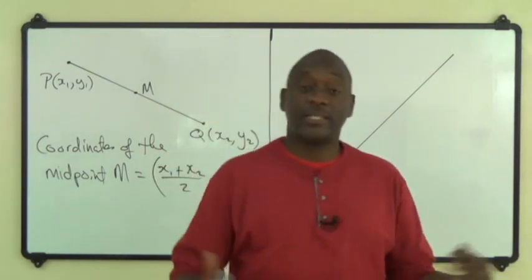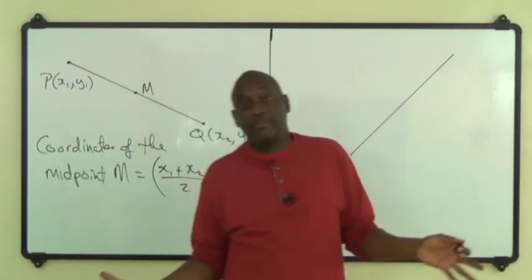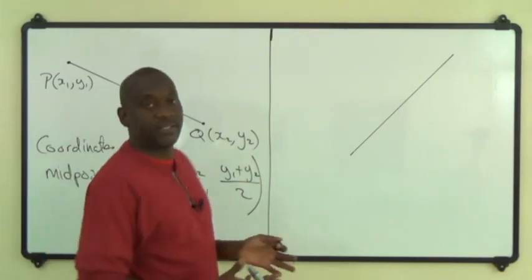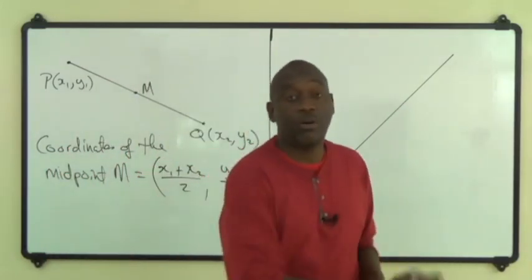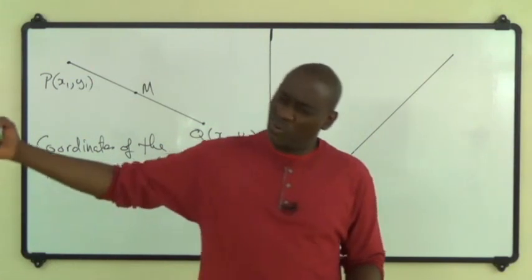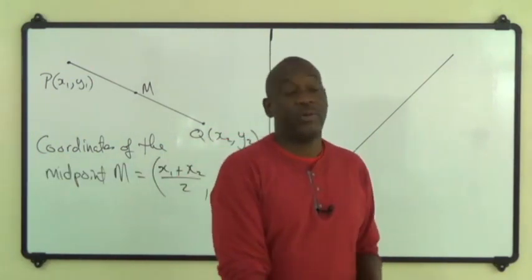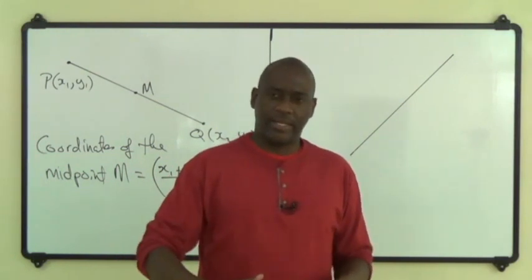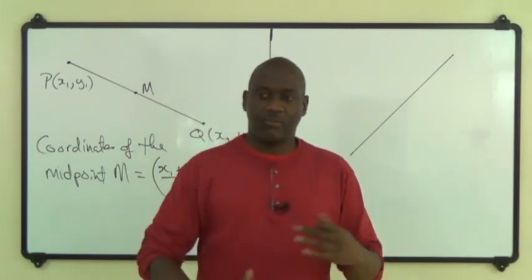If you want, you could check on YouTube and see how to find the midpoint of a straight line. You'll see the same formula here. The advantage is that I would have just spent maybe a whole hour or more going through a whole lot of stuff, which I hope that you would have gone through, so that by the time you reach here, you get a clearer sense of what this thing is about.